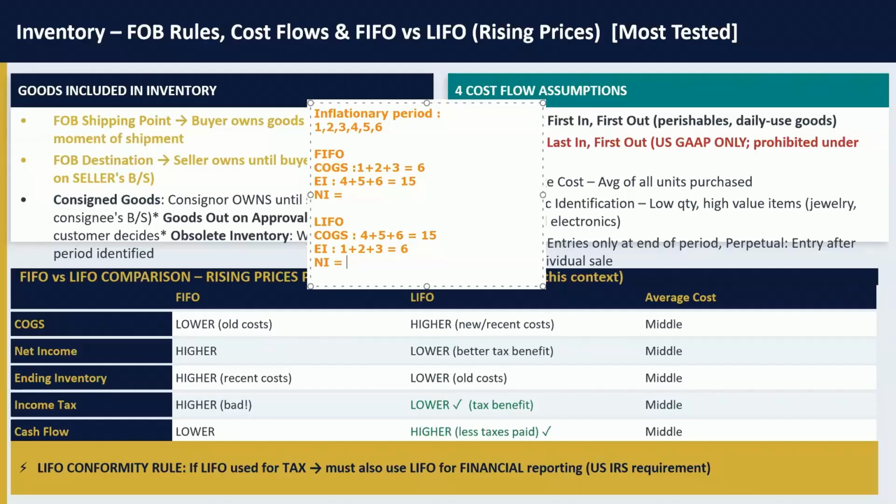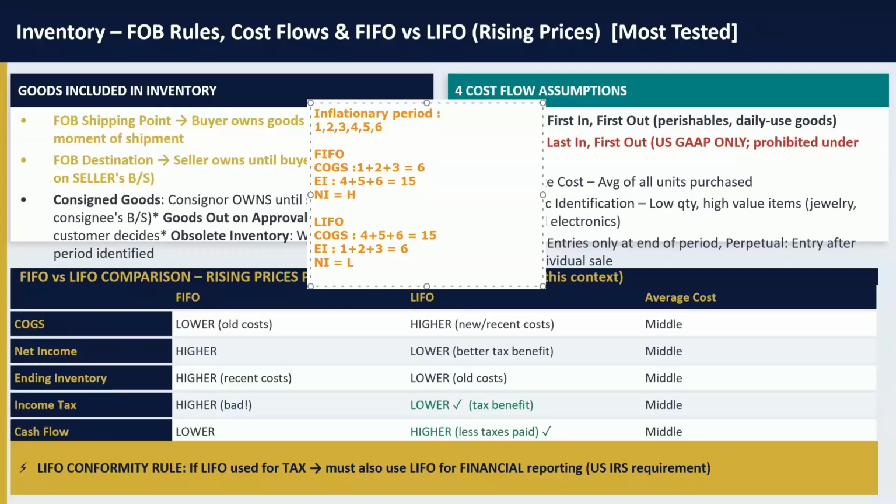Hello guys, what will be the net income under FIFO? Will it be higher or lower? All of you respond. Higher in FIFO, lower in LIFO. Perfect. So it is high in FIFO and low in LIFO.